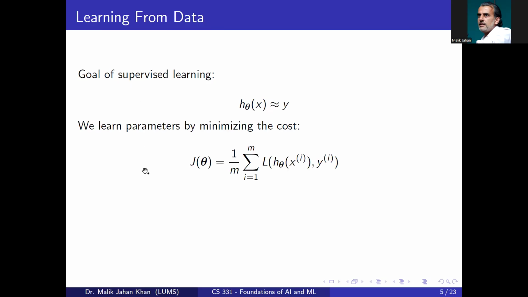So what we do is that we learn parameters by minimizing the cost. We define a cost function. In the context of linear regression and logistic regression, we have already talked about two types of loss functions. So this term is a loss function. You can define this loss function as per your choice. Could be mean squared error, or could be cross entropy in the context of logistic regression, or you might be coming up with your own customized loss function.